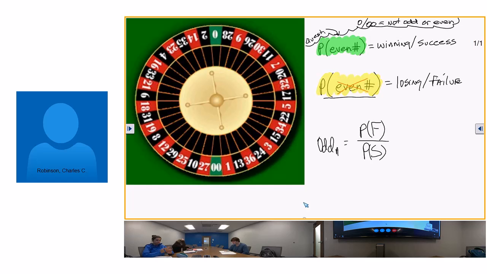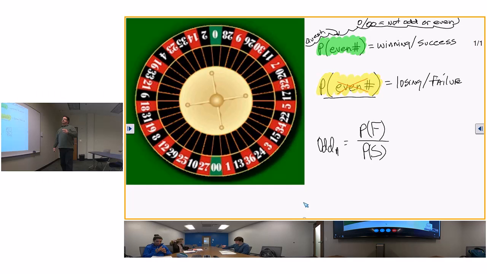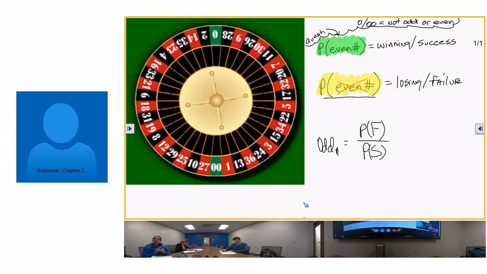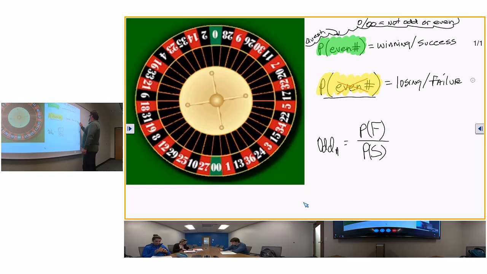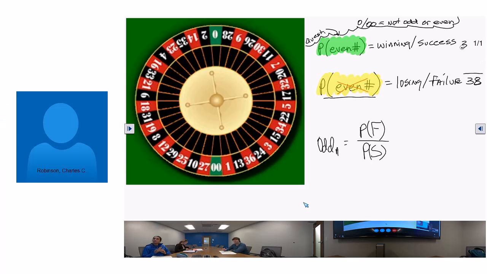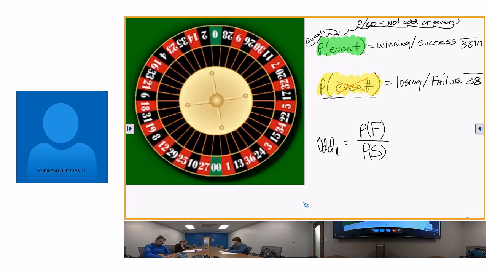So there's 36 slots with 2 green slots. How many slots are on the roulette table? 38. So 38 is going to be the denominator. How many even numbers are there? Well, 36 divided by 2 is what? 18.